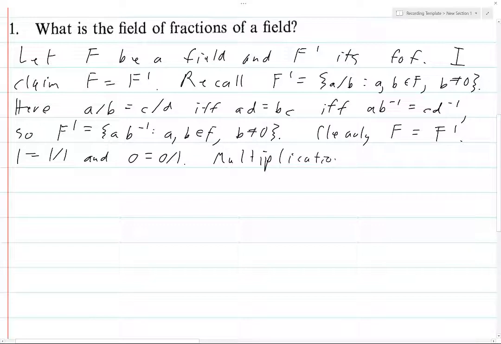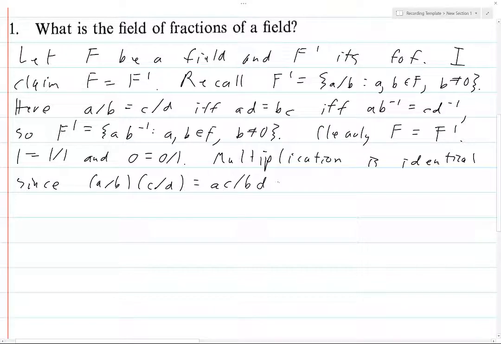Multiplication is identical, and of course this whole thing is really not necessary, but I'll write it out anyways. This is all working in F' here, but now when we convert to F, we have a c b inverse d inverse because all the things that are in the denominator become inverses.